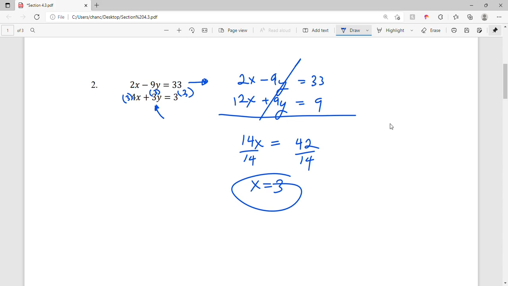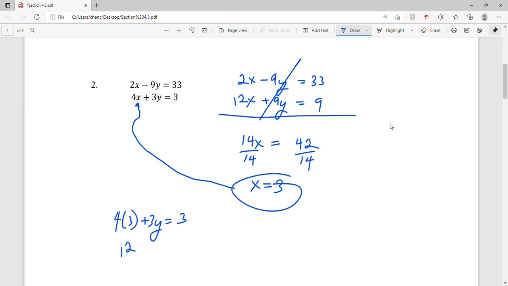And now I could choose to plug it into any equation I want. If you look carefully, I think equation 2 looks a little simpler, so we'll use that. 4 times 3 plus 3y is equal to 3. This is now 12 plus 3y equals 3.